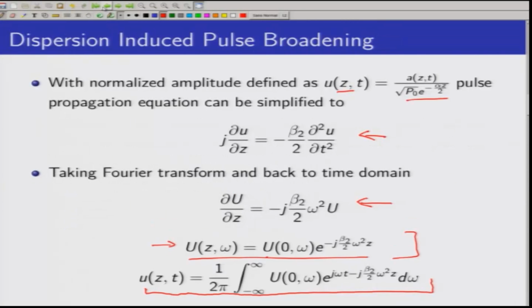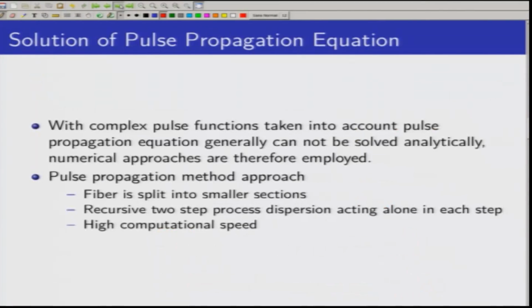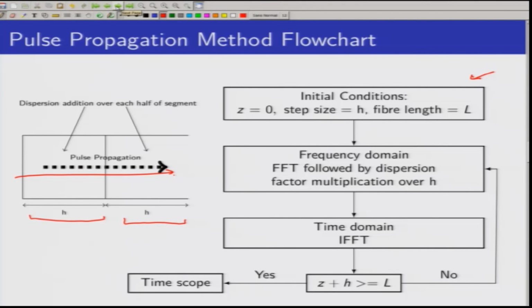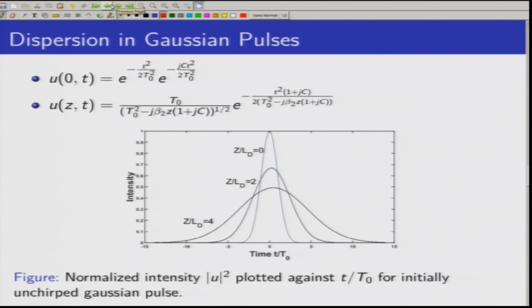We will multiply by this factor for the section h, and here z is equal to h. Once we have that, we will take the inverse Fourier transform and ask if we have reached the end of the fiber by adding h. If the answer is no, we will go back to the frequency domain, again take the Fourier transform and again the inverse Fourier transform, until we reach the end of the fiber. So, we have some examples in the upcoming slides.